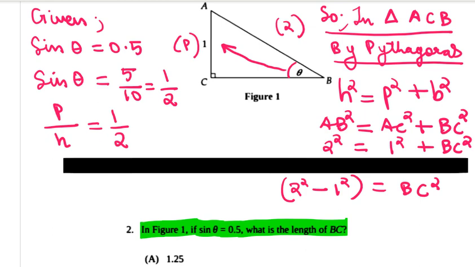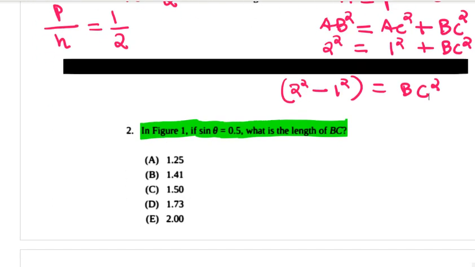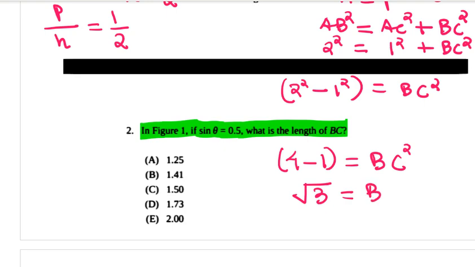Now there is a nice logic to do this question. You can do 4 minus 1, that's the fastest actually. That will be 4 minus 1 is equal to BC square. So root 3 is equal to BC.